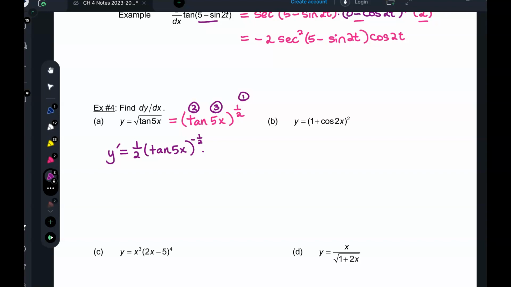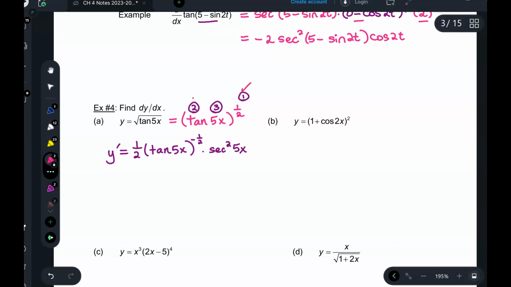Now ignore the 1/2 power. Now I'm just working with step 2. So now what's the derivative of tangent? Secant squared of 5x. All right, so I have step 1 done, step 2 done. Lastly, step 3, what's the derivative of 5x? Just 5.